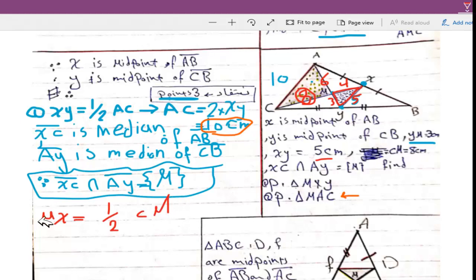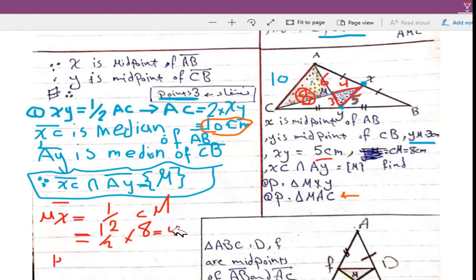I already said CX is a median, so I can write MX equals half CM, so it will be half multiply 8 will be 4, and you can find the perimeter of the triangle easily.